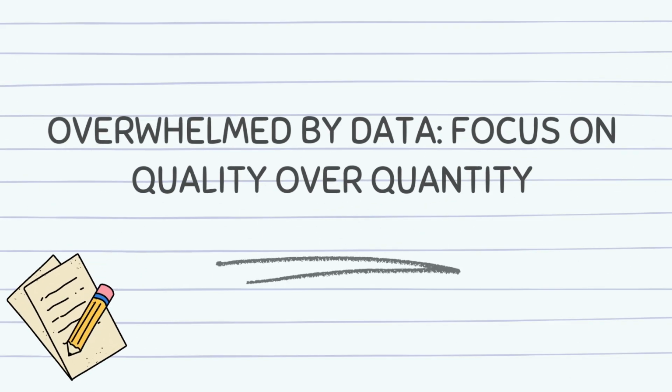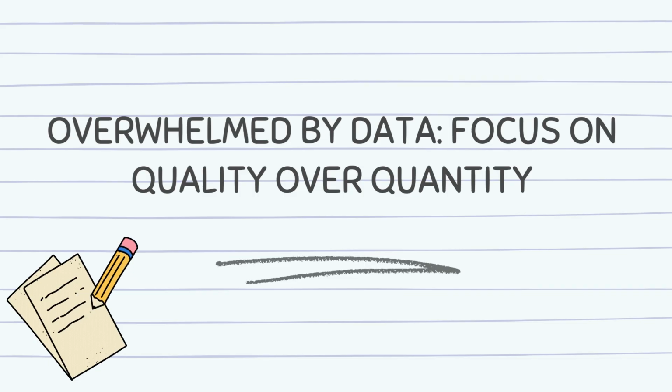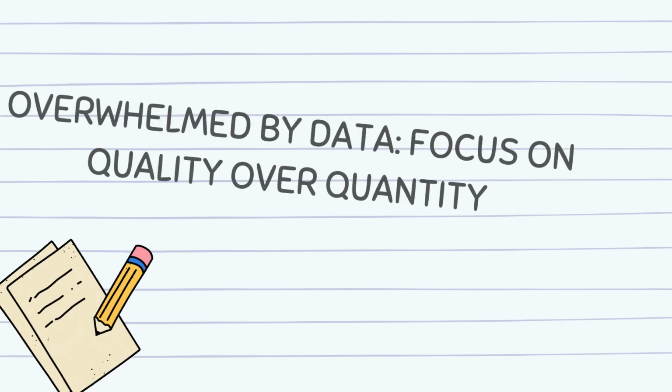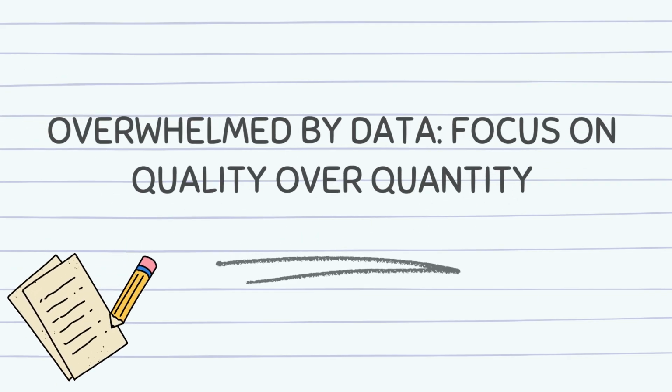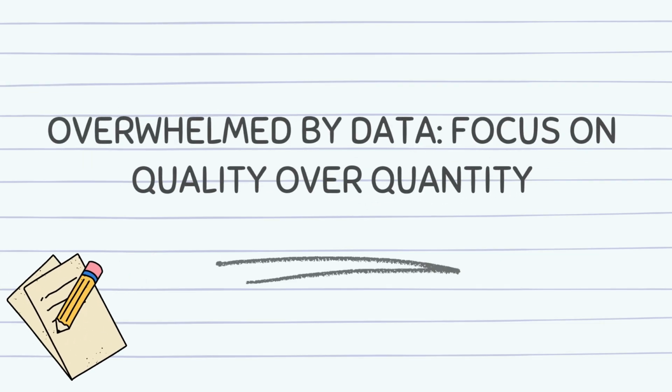Instead of presenting an overwhelming amount of studies, it is essential to focus on quality over quantity, selecting the most relevant and credible sources that contribute meaningfully to the research. This section explains how to manage large volumes of data, select relevant sources, and present information effectively to maintain a clear and focused literature review.